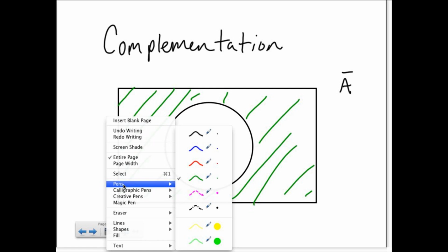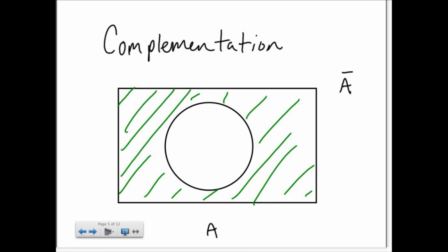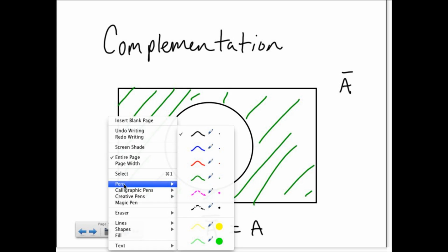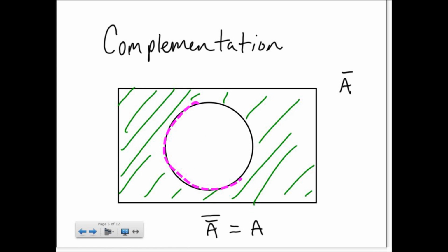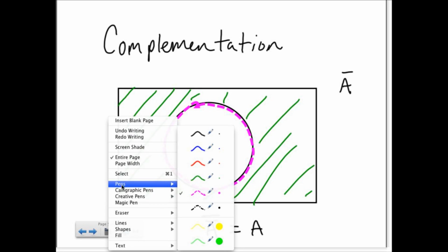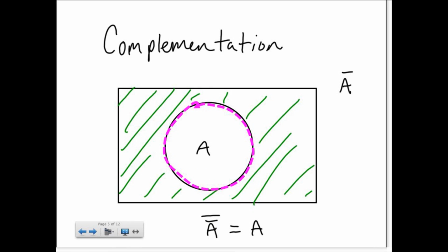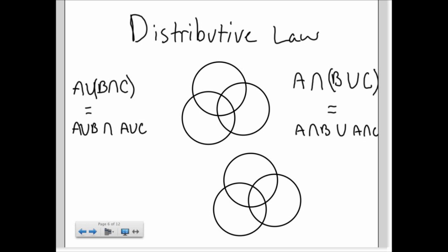And our complementation law tells us that not not A simply equals A. Intuitively you can think about this as anything that's not part of not A is going to be A. Anything that's not shaded in green is therefore going to be in this circle, which as we know is simply A. So that works out pretty intuitively.